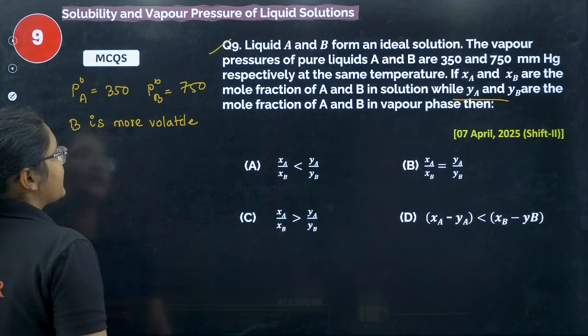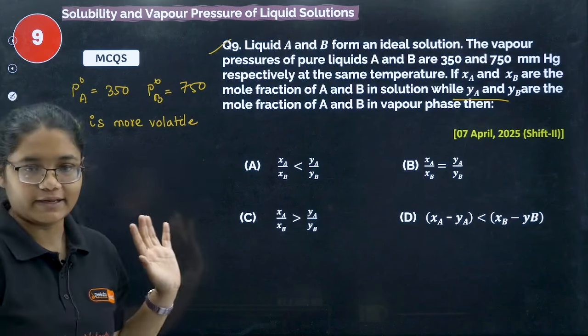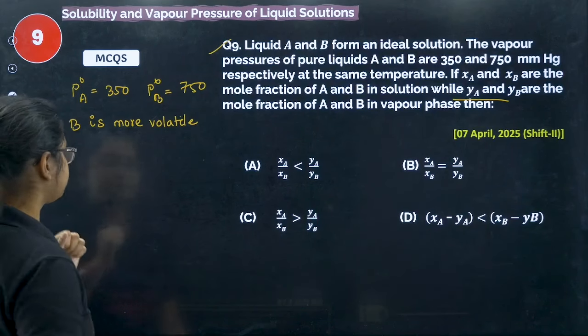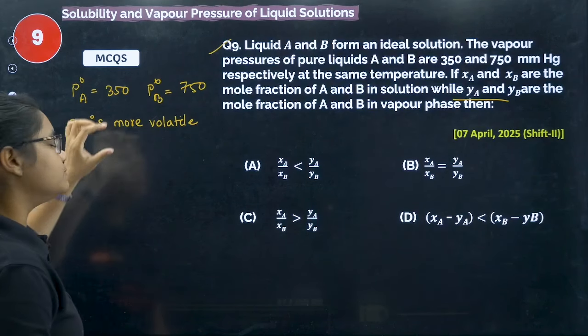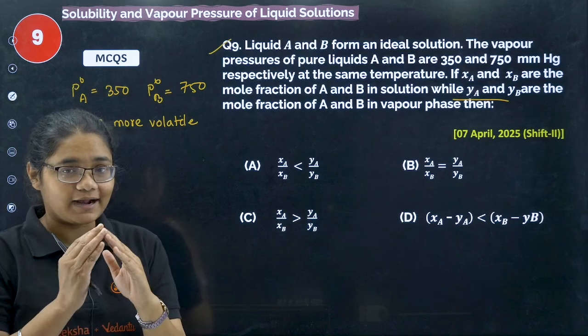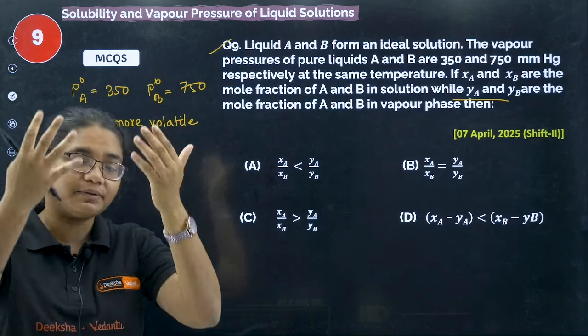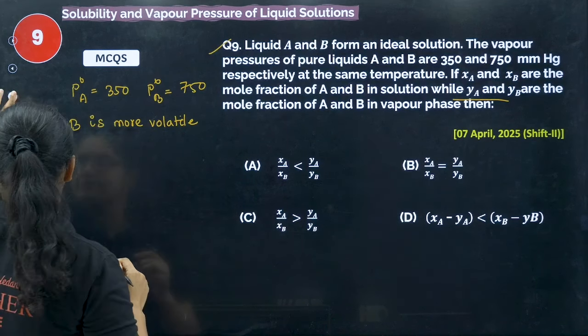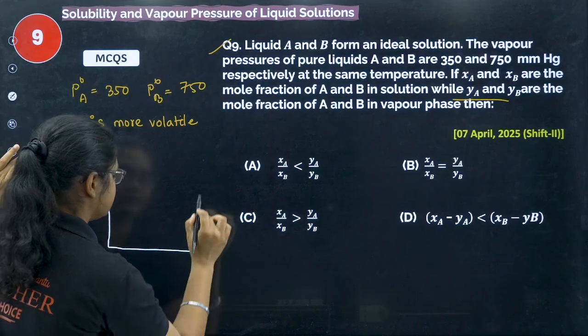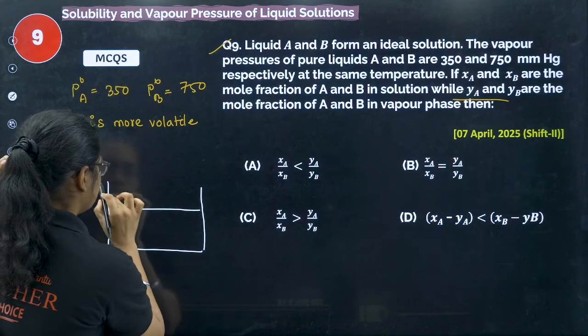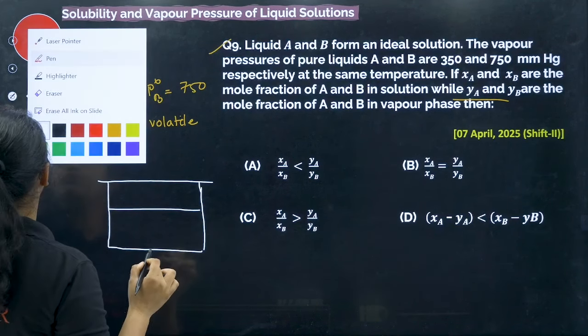Now what I can say, B is more volatile. So what does it give you? If B is more volatile, then more vapors of B would have been formed. Let us draw here once again. B is more volatile.